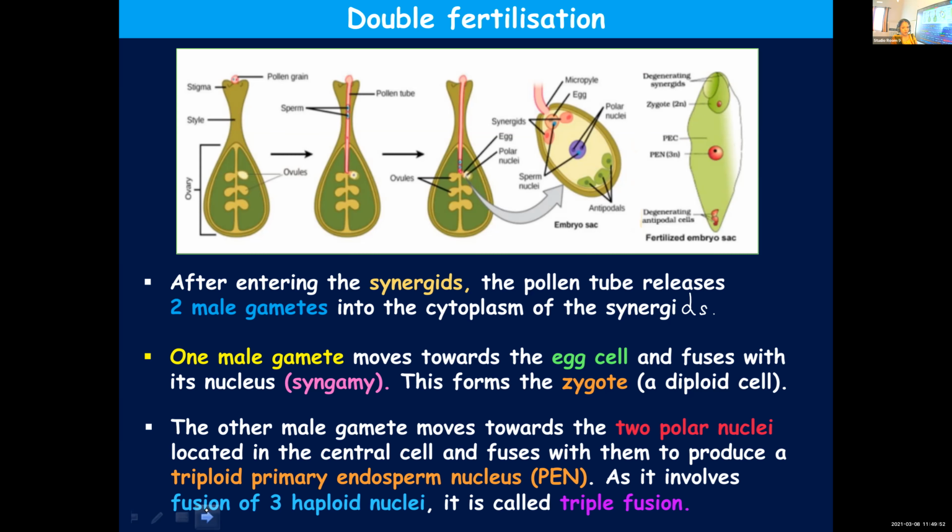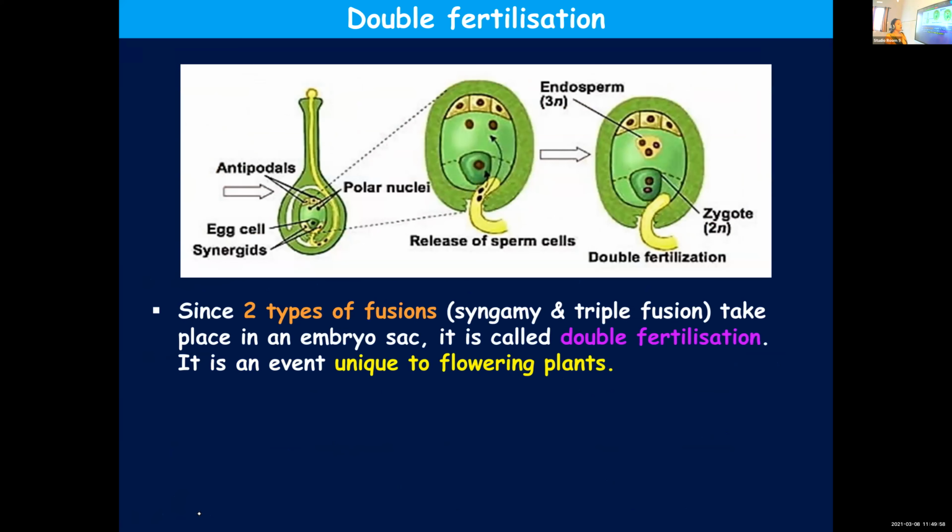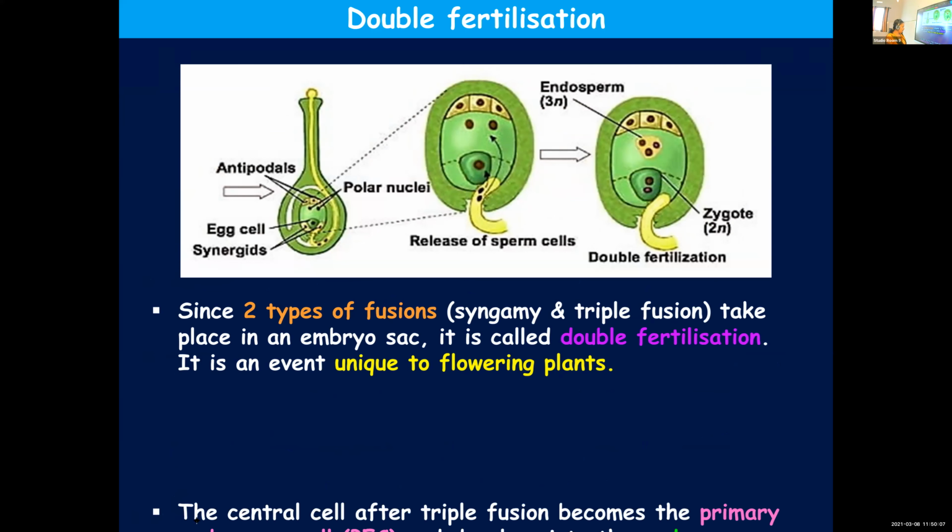Since it involves two fusions, syngamy and triple fusion, in the embryo sac, you call the process double fertilization. As I told you before, this is unique to flowering plants.